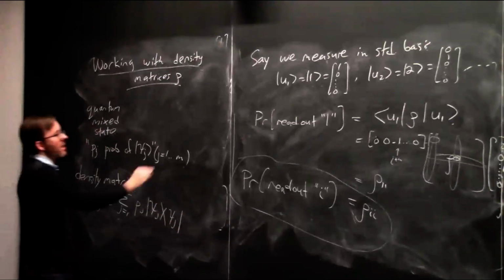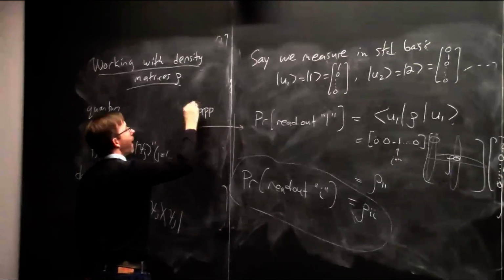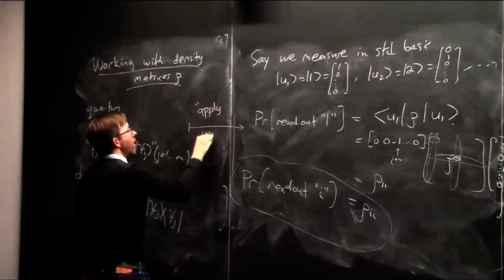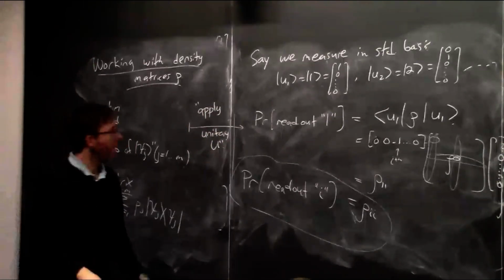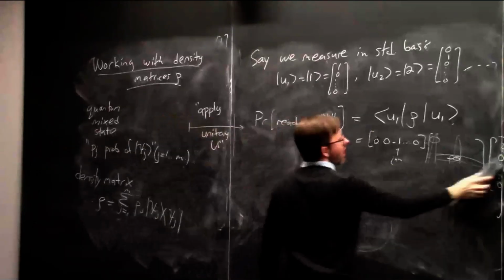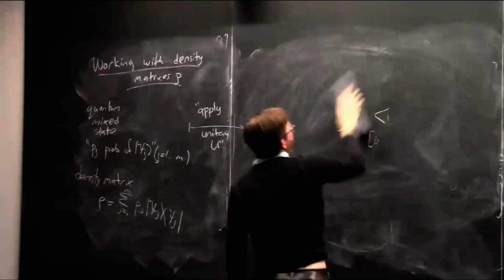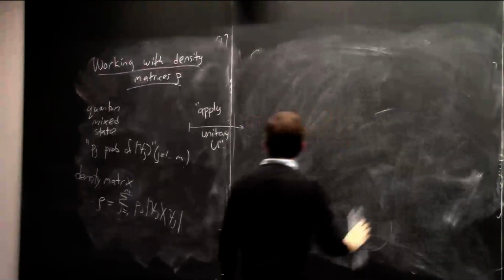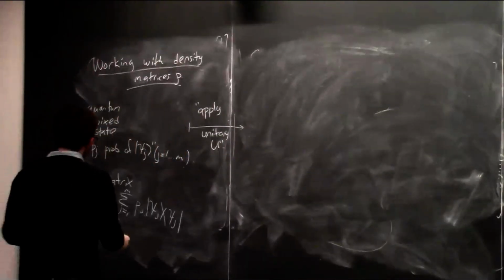But one thing that we always like to do with them is apply unitaries. So let's say we apply a unitary U. Again, this quantum state is like a qubit state, so it's d-dimensional, so this U is like a d by d unitary matrix. And I just want to work out what is the density matrix of what results.